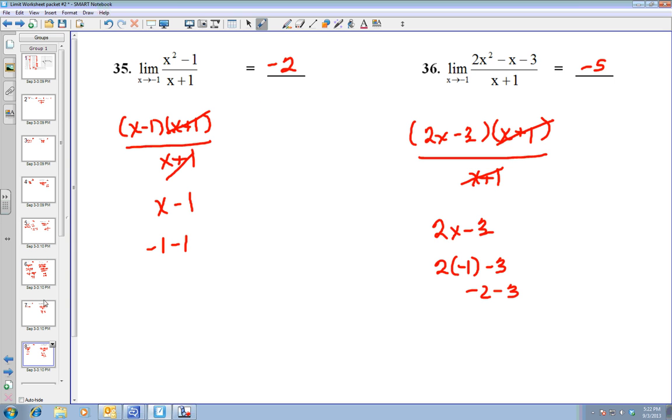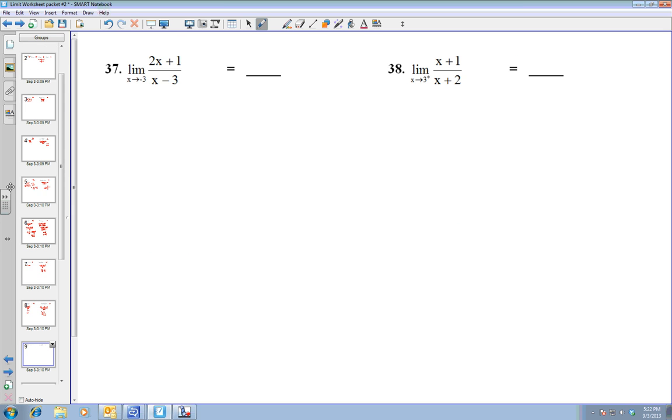37. On this one, I can use direct substitution. 2 times negative 3 plus 1, negative 3 minus 3, negative 6 plus 1 over negative 6, so negative 5 over negative 6, so a positive 5/6.